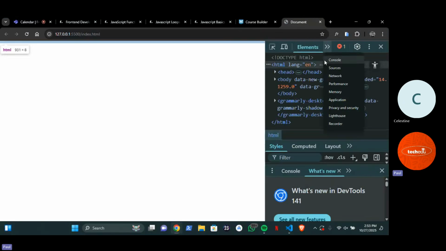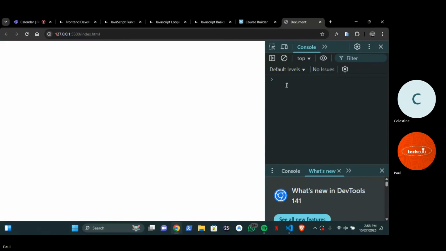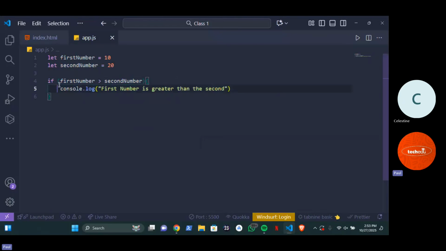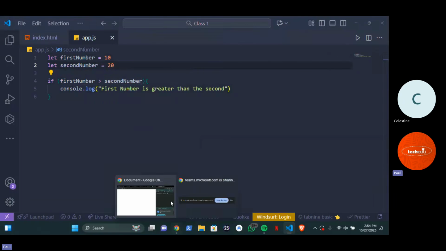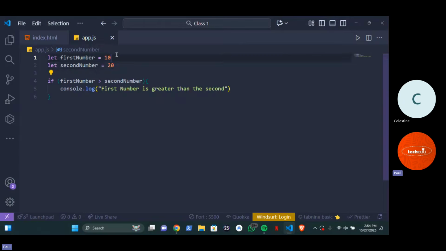If you check your console now, what do you have? I said if first number is greater than second number. The value of first number is 10, second number is 20. When you check the console, do you see anything? Why? Because 10 is not greater than 20. That means the first condition is going to be bypassed.